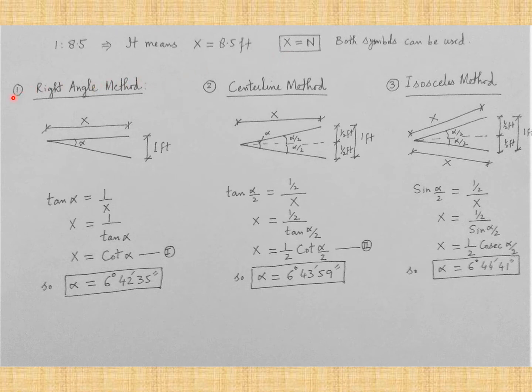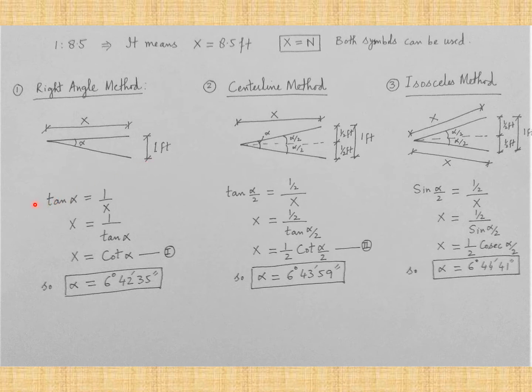Okay, now look at the right angle method. Here the idea is that we are considering a right angle triangle when considering the V piece. You can see that this distance is X, this angle is alpha, and the spread between the two rails is equal to 1 foot.